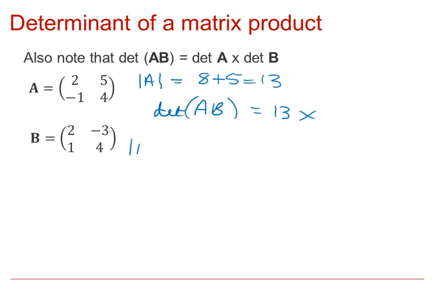And det B is 8 minus minus, in other words, plus 3, which is 11. So det of AB would be 143.